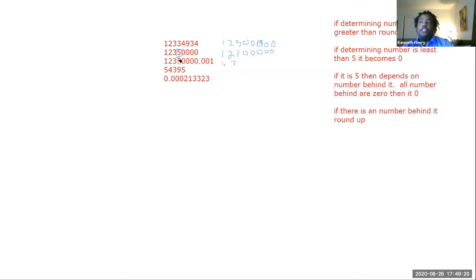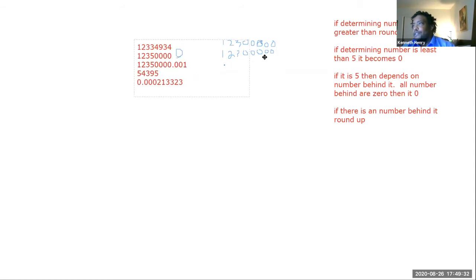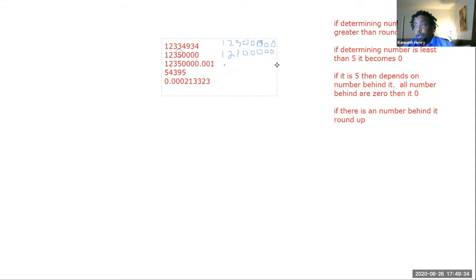You'd round up because you're using the 5 as your determinant. 3 significant figures, right? So we're talking about 3 sig figs. So the 3 rounds up to a 4? The 3 rounds up to a 4. That is correct. So 1, 2, 4, 0, 0, 0, 0, 0.